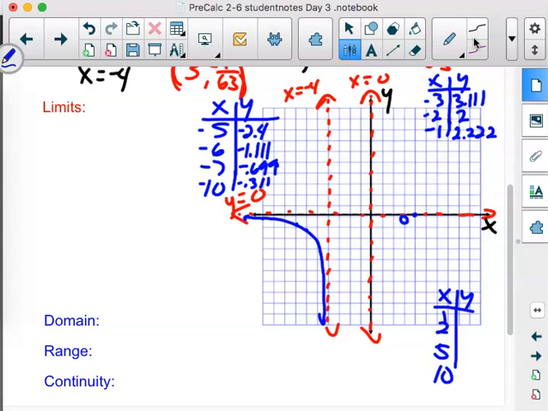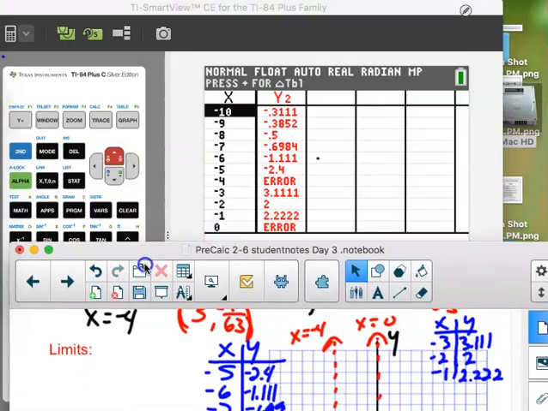Well, like I said, we know we have to find the local minimum there, but let's put these points on. -3, 3 and a little bit. -2 and 2, -1 and 2.22, and the probability is really low that -2 is actually the lowest point for that parabolic piece of this graph.